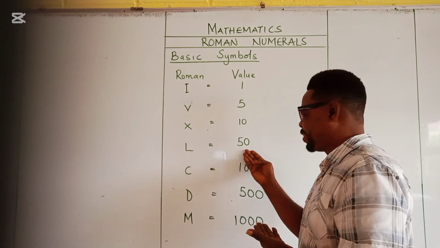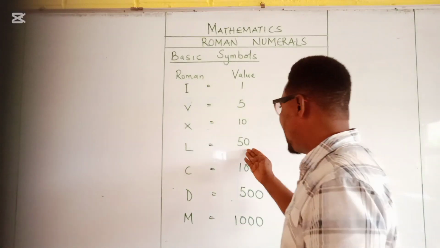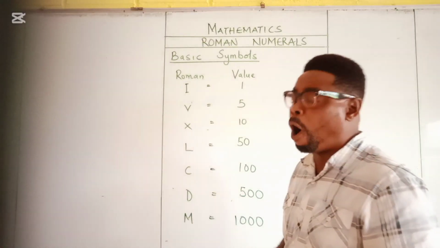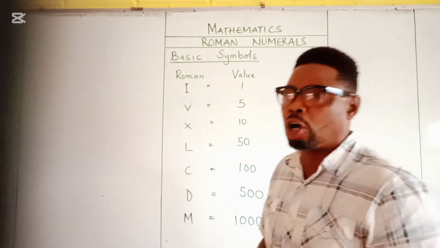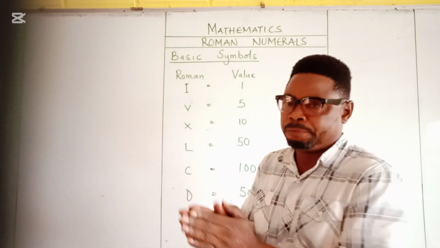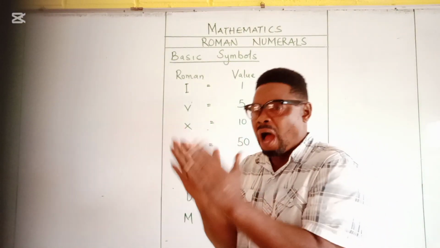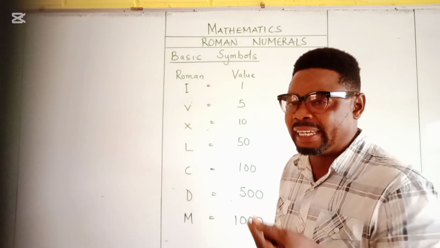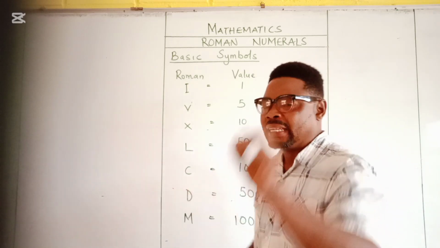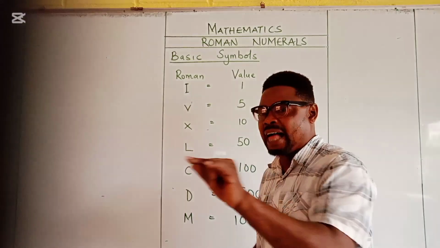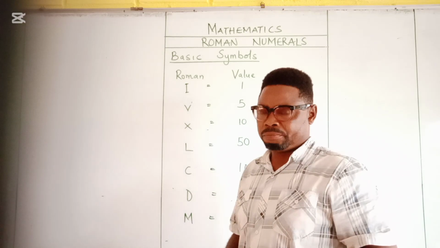Now, let us go to the L. L is 50. Why are we choosing L to be 50? The reason is when we talk about half, there is a letter there that is called L. H-A-L-F.